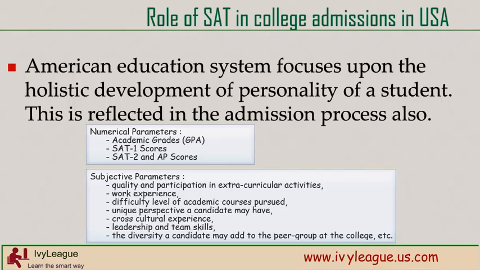Another factor in the admission process is the ranking organizations for colleges and universities. Students and parents, while deciding colleges to apply to, rely on reports of college ranking organizations.